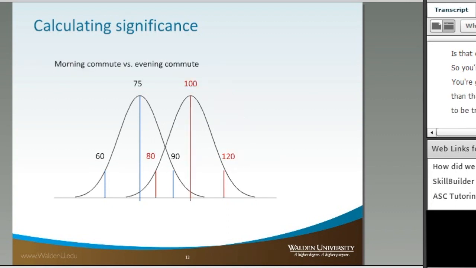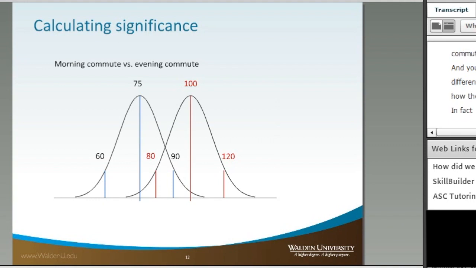Here's another example, comparing morning to evening commutes. And you notice that in this case, it's a pretty small difference. It only went from 75 to 100. But you notice how these two curves overlap. In fact, their confidence intervals overlap.